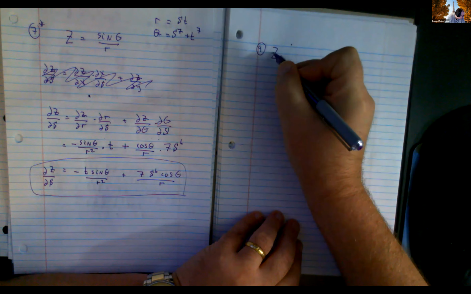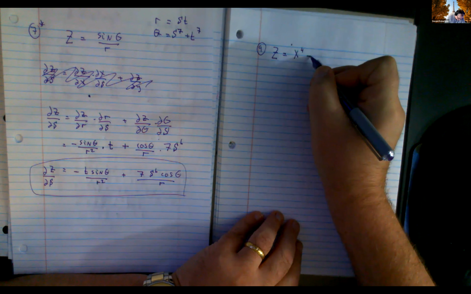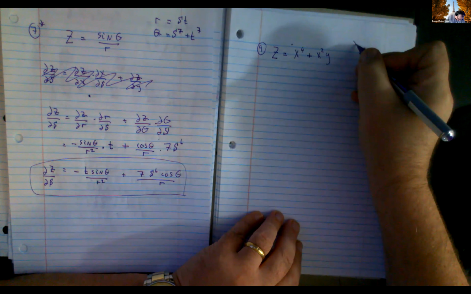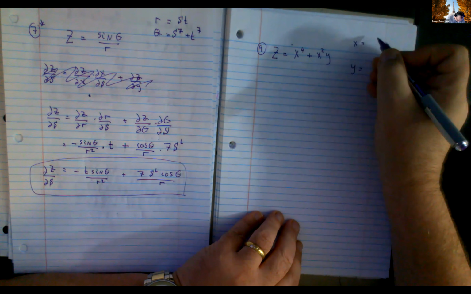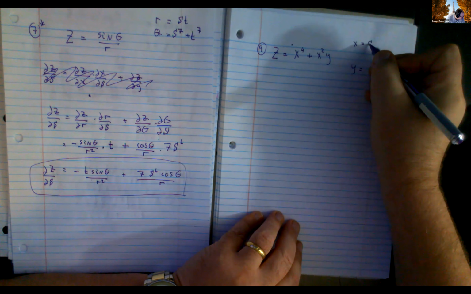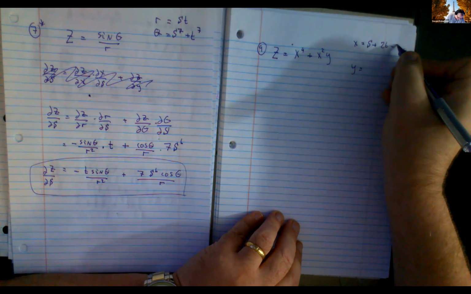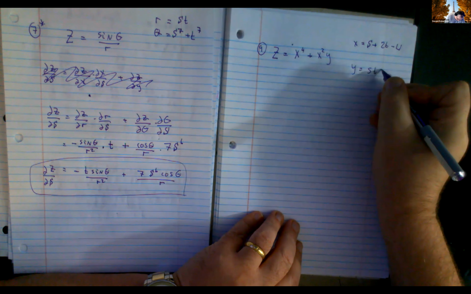Z is equal to x to the 4 plus x squared y, and x and y. Well, x is a function of s, t, and u, and y is a function of s, t, and u.